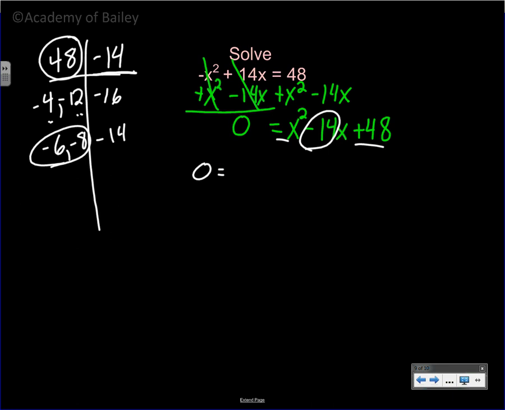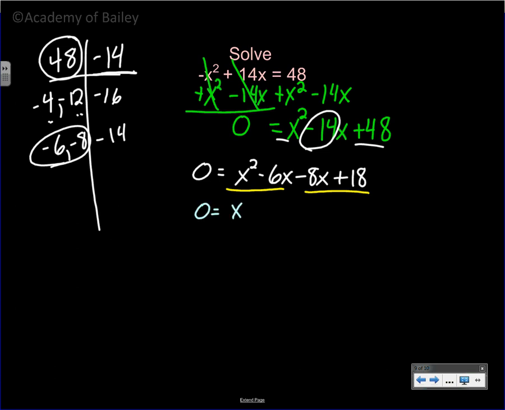So 0 is equal to x squared minus 6x minus 8x plus 48. Put those two together. And let's factor some stuff out.